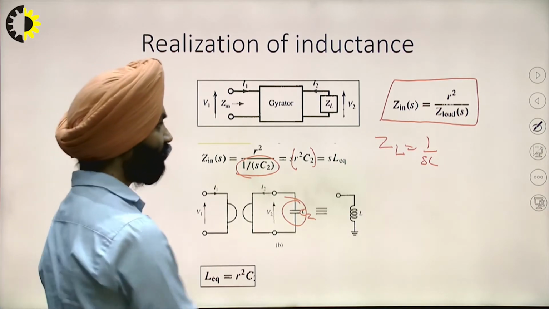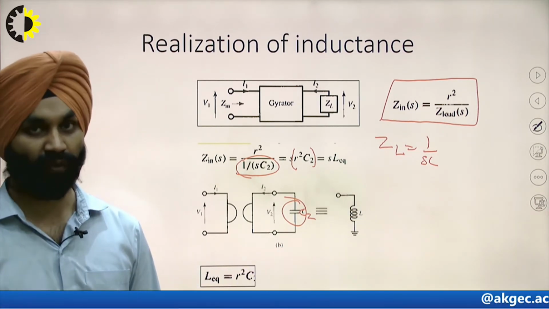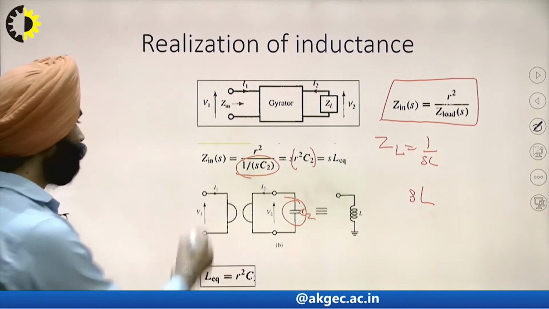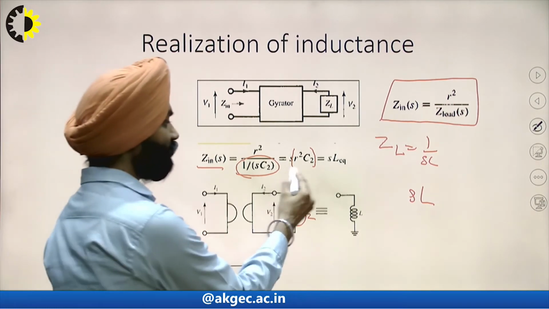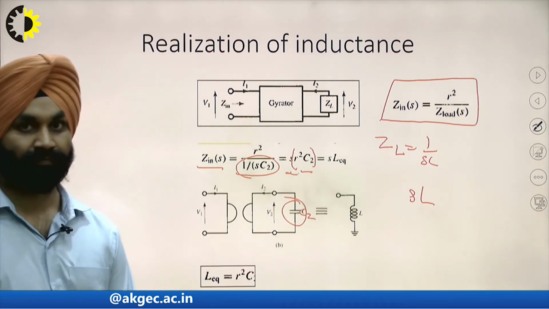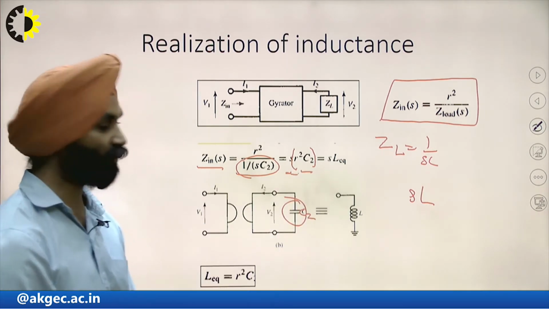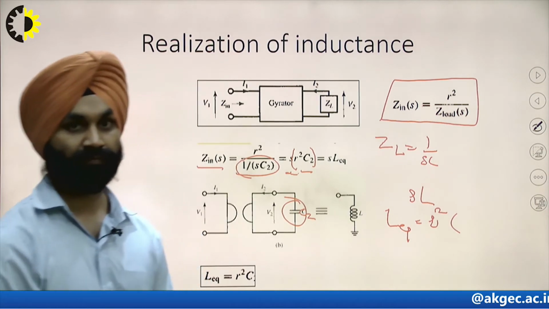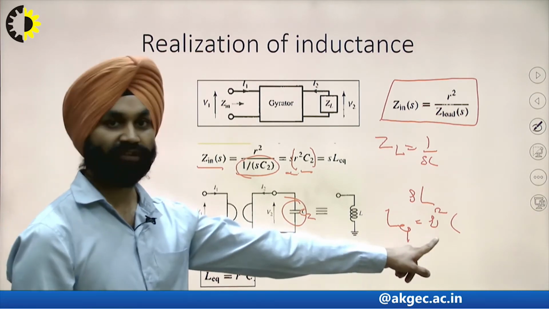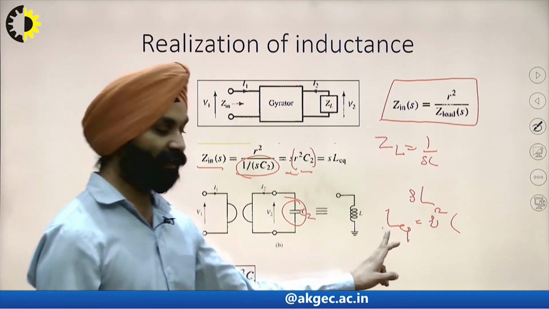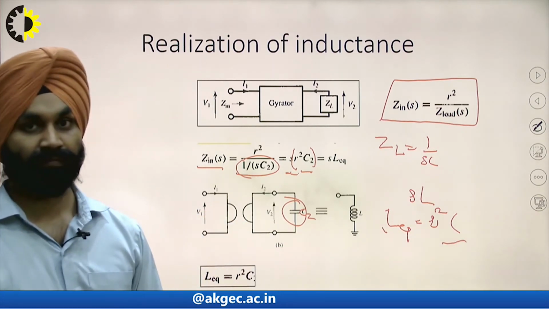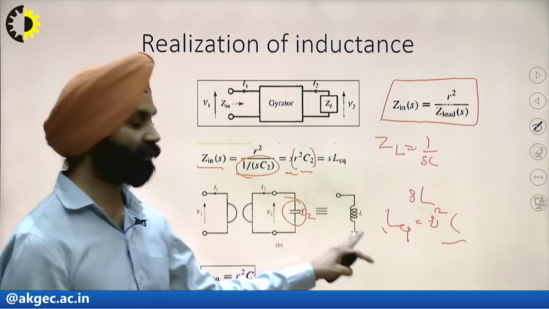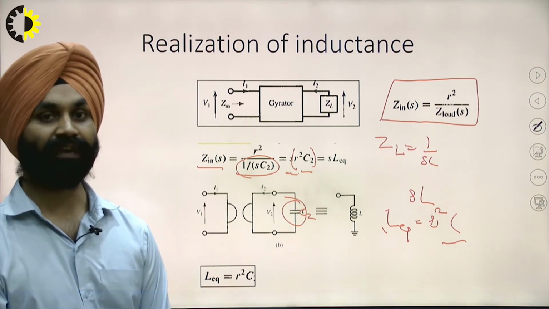Now, if you know that an inductor impedance is S into L, then our input impedance is behaving as S into L, and here L equivalent is R square C. Remember, R square is a constant, the gyration constant, so L is dependent upon C. That means if we implement a capacitor, the load is capacitive, and our circuit is behaving as an inductor.